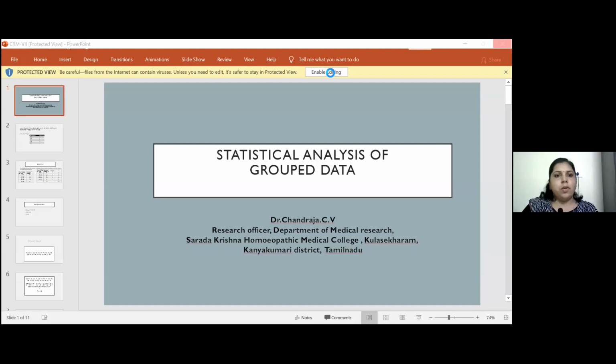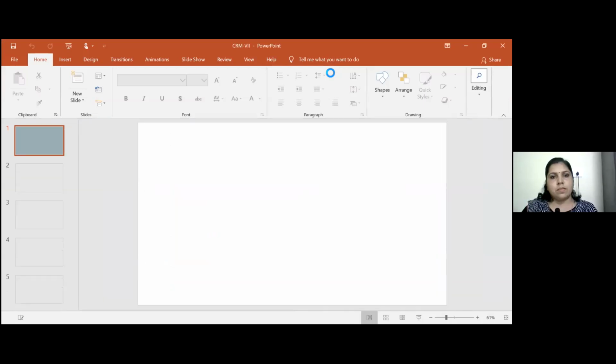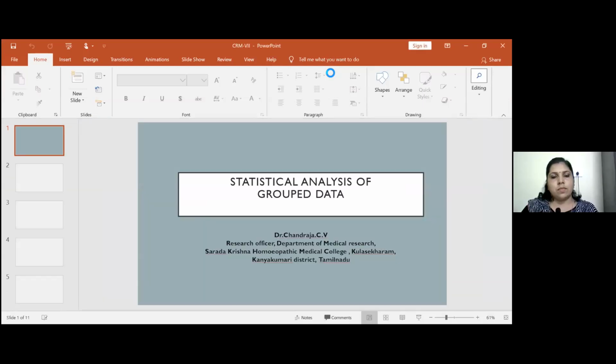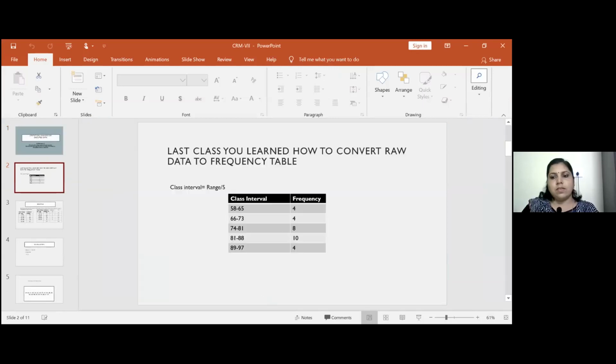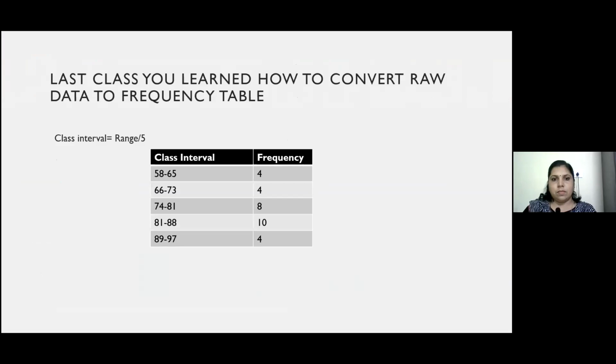I'll tell you how to solve it. This is the first problem we were dealing with yesterday. In the last class, we learned how to convert raw data into a frequency table. This is one example of a frequency table.